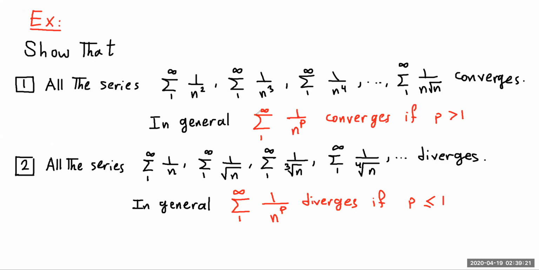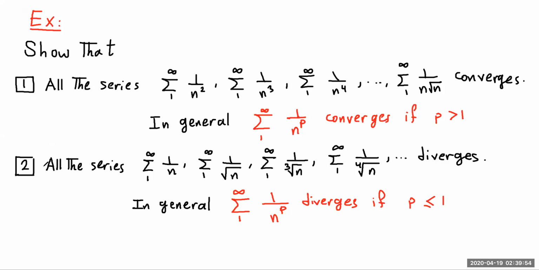So in general, the sigma of 1 over n^b converges if the number b is strictly bigger than 1. It's not equal to 1. For example, n root n would be written as n times n^(1/2), so it's n^(3/2), which is 1.5, so it's bigger than 1.